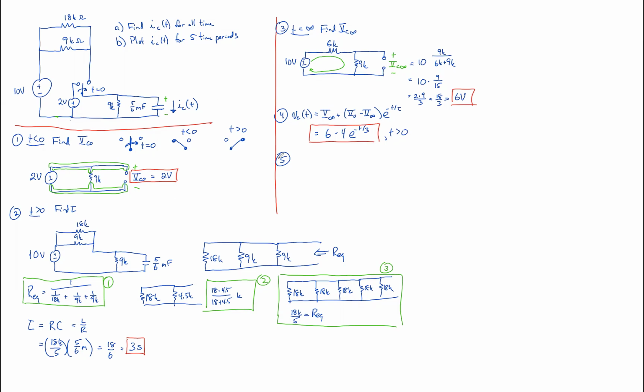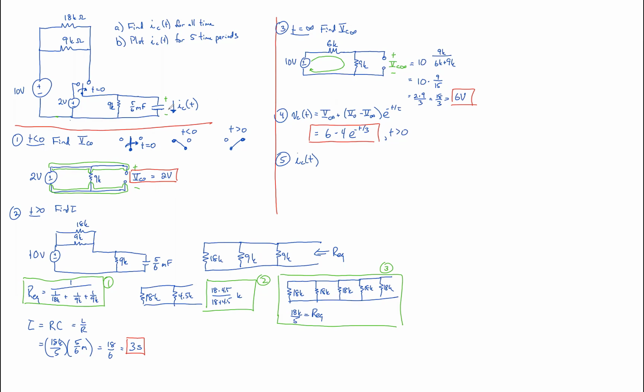Step 5 is to go back to what we were originally asked to find, which is IC. Let's figure out how we can find IC given our VC. So let's see, for time greater than 0, what's the relationship between the current through this and the voltage across it? Well, if it was a resistor, we could use Ohm's law.